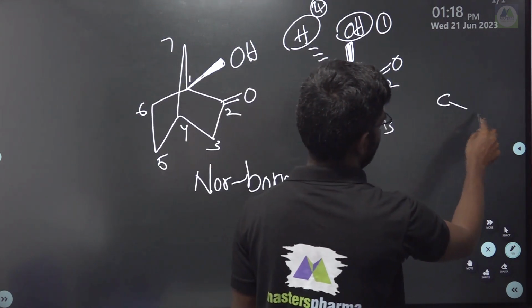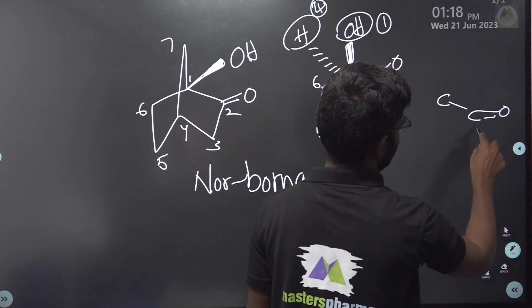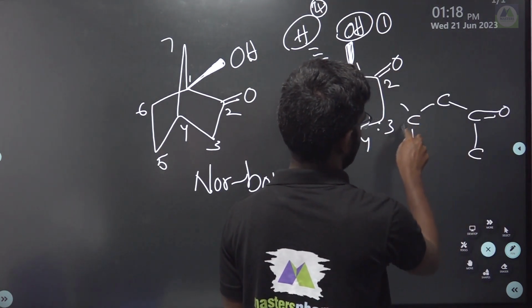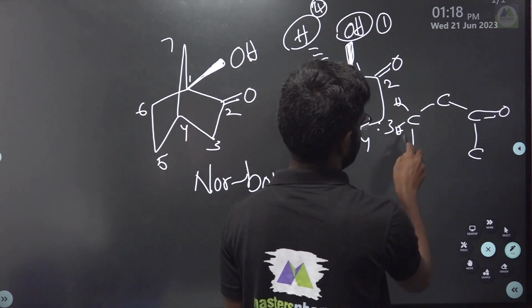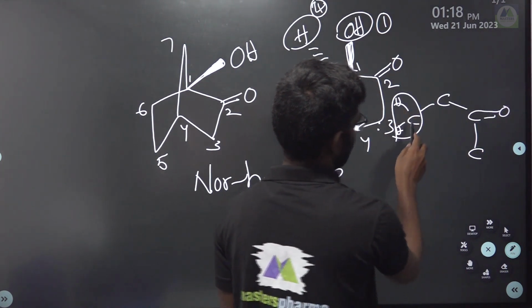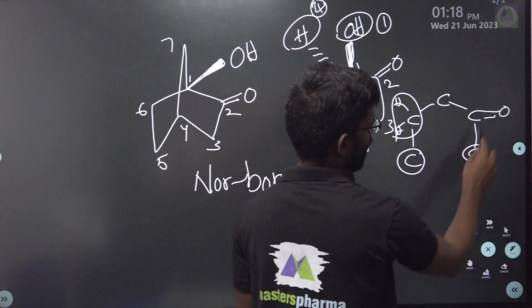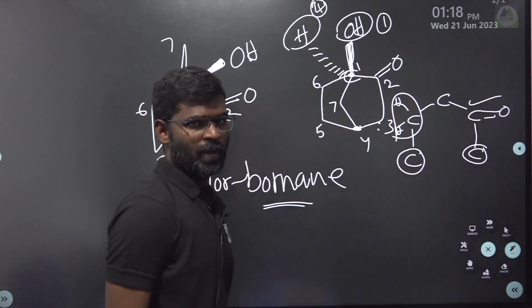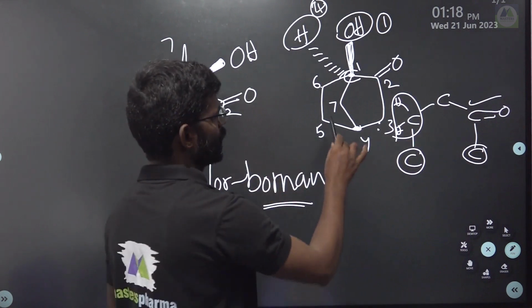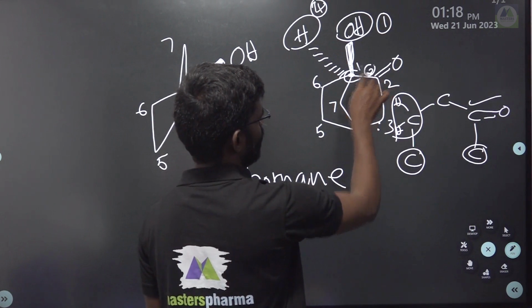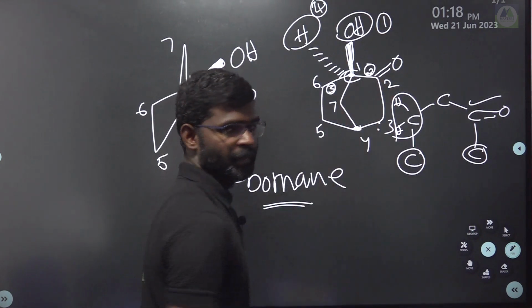So for example, I am going to write C double bond O here and carbon, here also carbon, but here hydrogen and hydrogen. So this set, carbon, hydrogen, hydrogen, carbon, here carbon, oxygen, oxygen, carbon. Which one is higher? This is the first priority, right? Compared to these two. So automatically first priority is finished, fourth one is finished. This is priority number 2 and this is priority number 3.